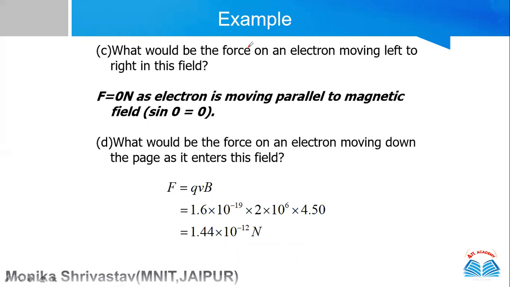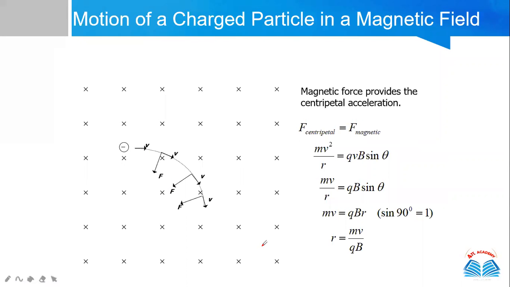If it is moving left to right, then obviously the angle is 0, because it is parallel to the magnetic field. So theta will be 0, so force will be 0. And when it is entering from down, then the magnetic field and velocity will be perpendicular, meaning theta is 90 degrees. Put that in and you can get the results. So this is the easiest example. You can solve this.